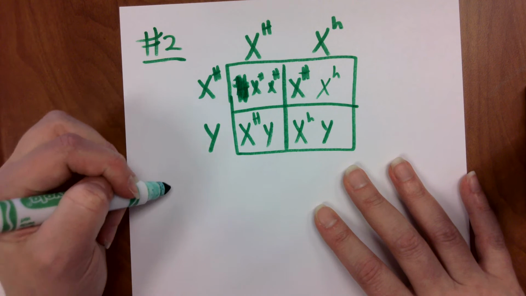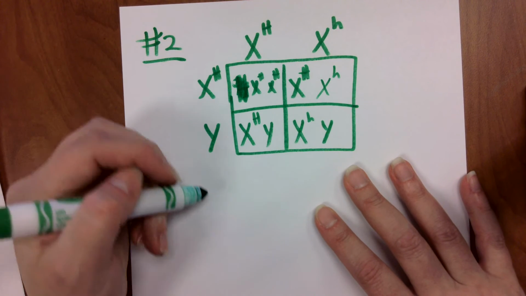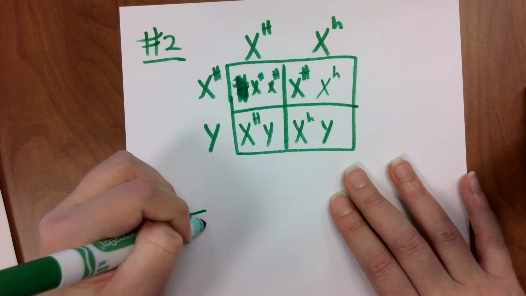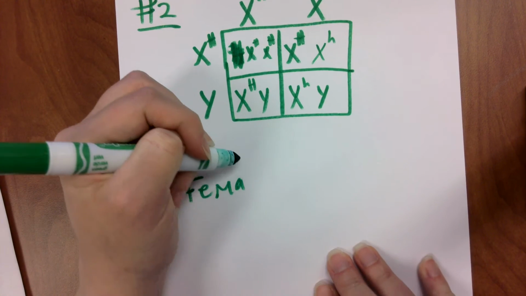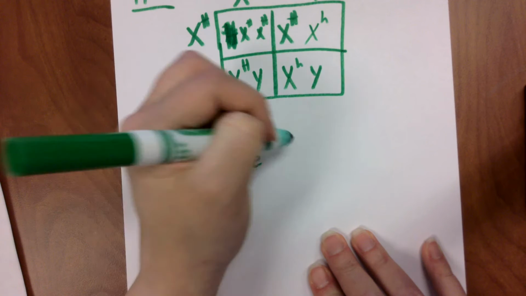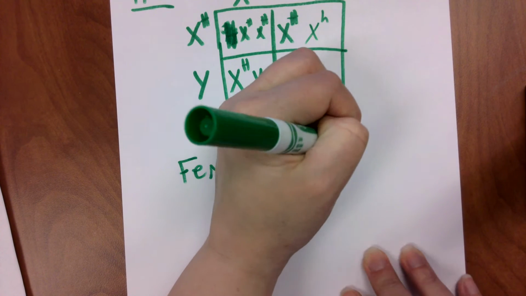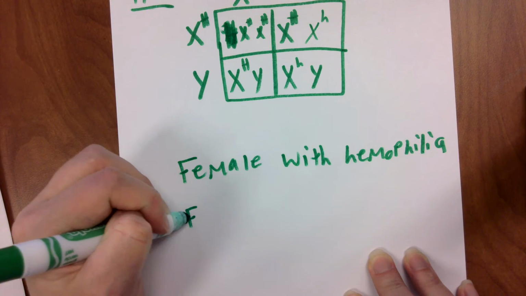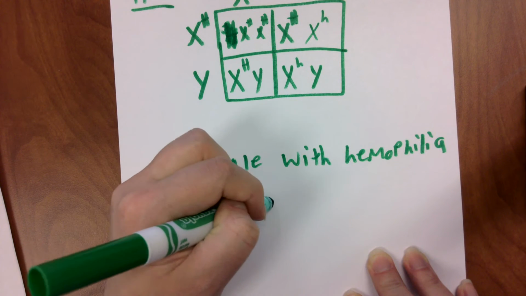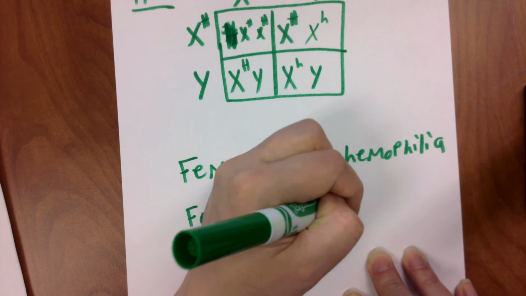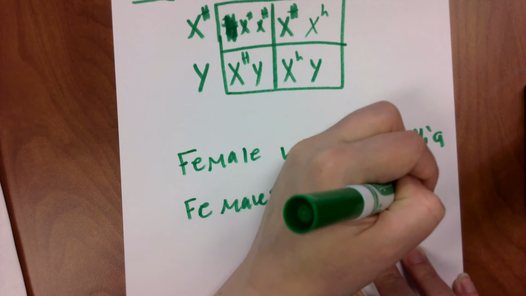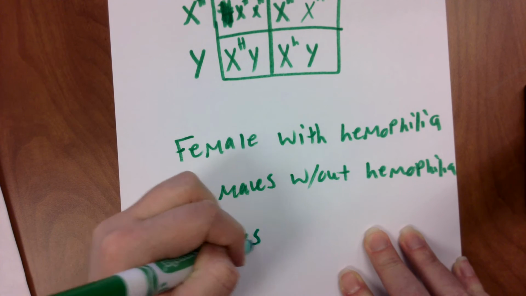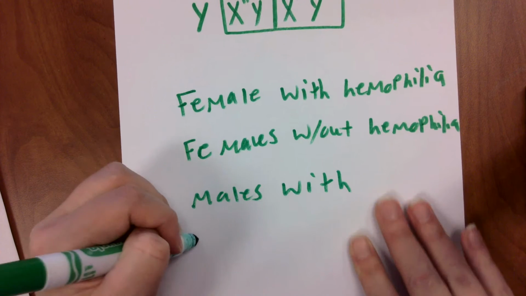Our phenotypic ratio, though, shows us if they do or don't have the trait. So in this case, we have females with the trait, with hemophilia, females without it, then males with it and males without it.